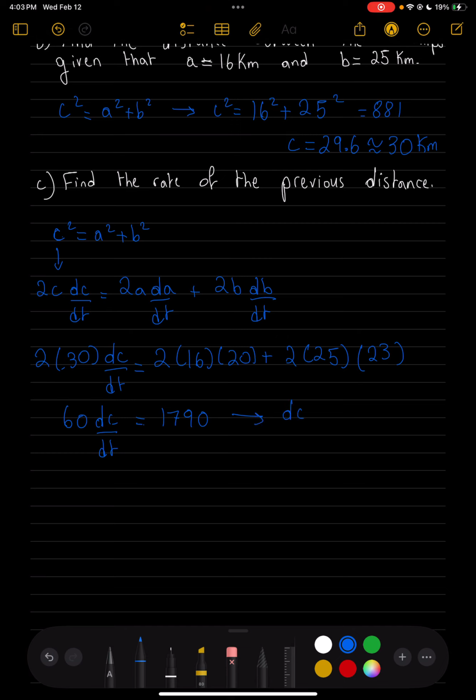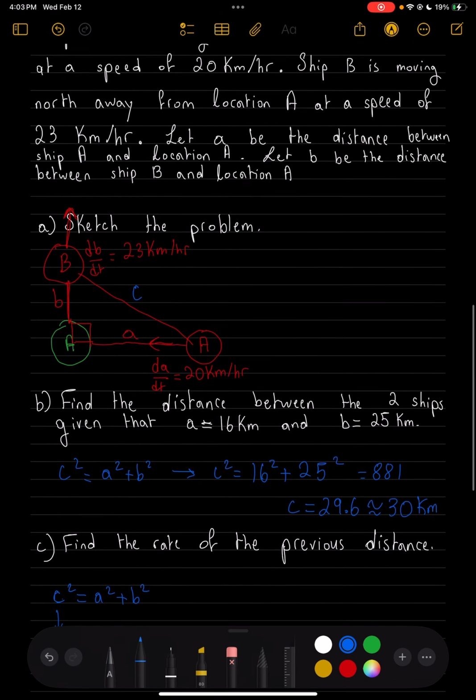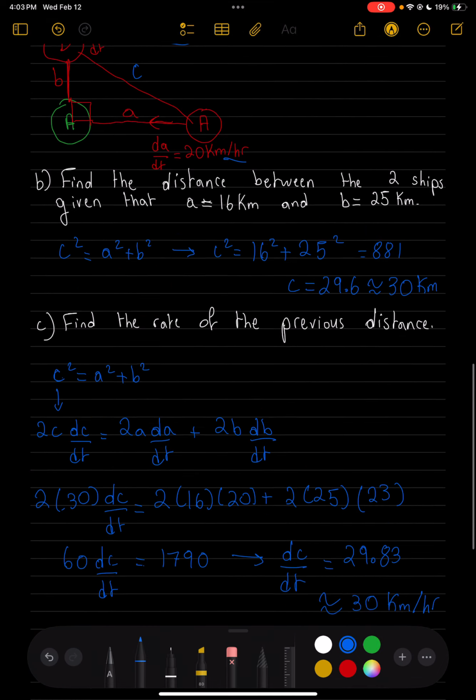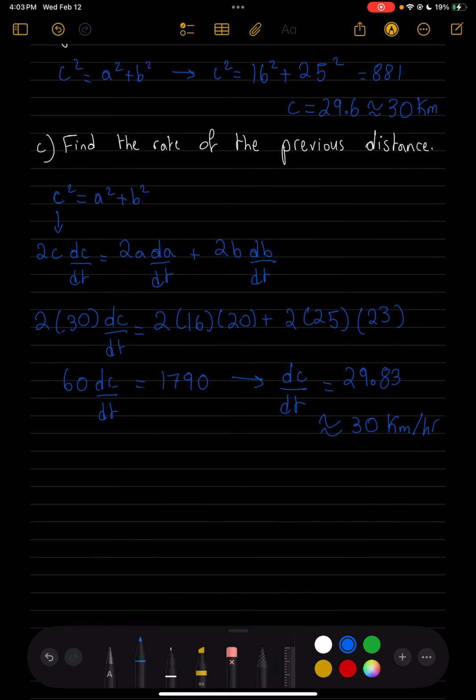Therefore, dC over dt is going to be 1,790 divided by 60. So it's going to be 29.83, or we can just round it up again to 30 kilometers per hour, because the rate over here is per hour, so you have to make sure that you're writing it per hour.